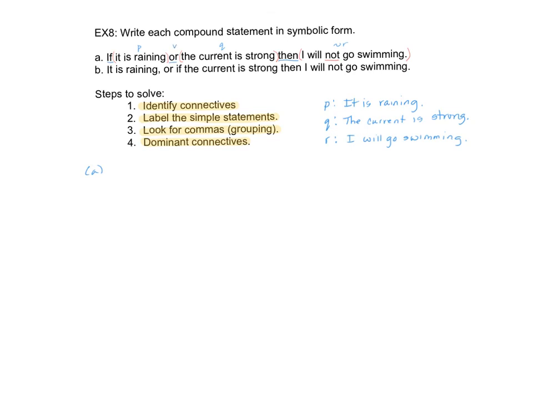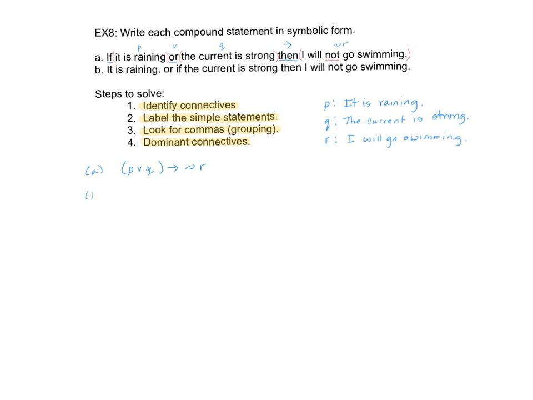And this is an or, and this is an if-then. So by dominant connectives, since there's no commas, I have to group together the P or Q. Okay? So this would be P or Q in parentheses, arrow, not R.